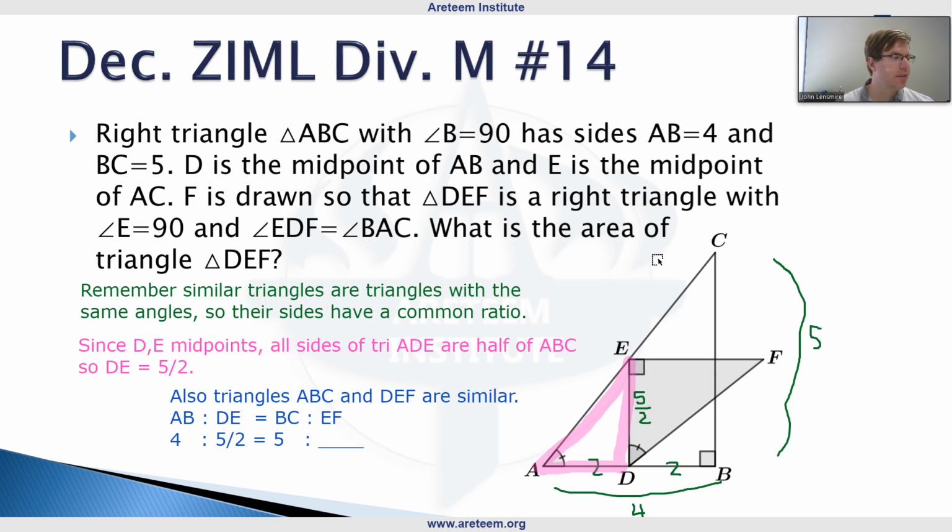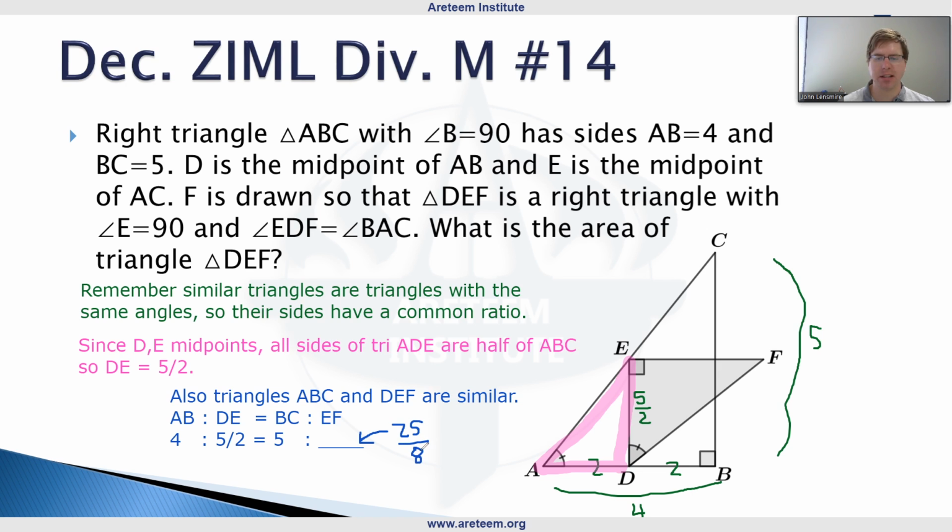So this is our missing information here. Here's where we have our similar triangles, and we can find our ratio in that case. When you find this missing ratio, this is going to be 25 over 8.